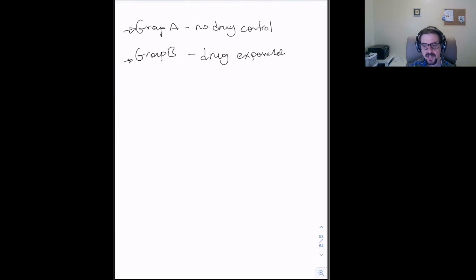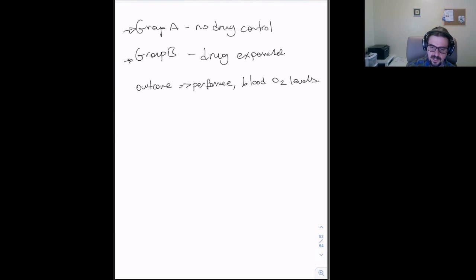At the end of the experiment, right after the drug, they measure the blood oxygen levels as a measure of performance. So the outcome here is performance, and the performance is measured by the blood oxygen levels during running, right?